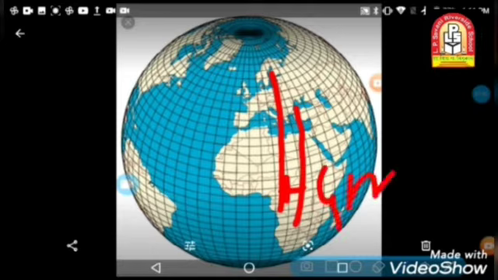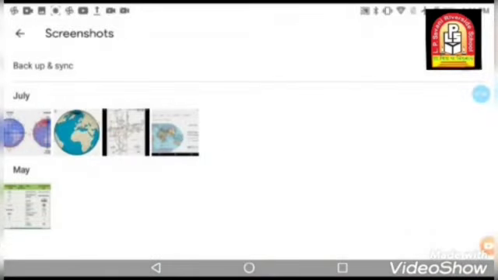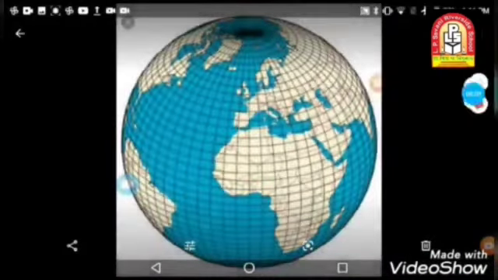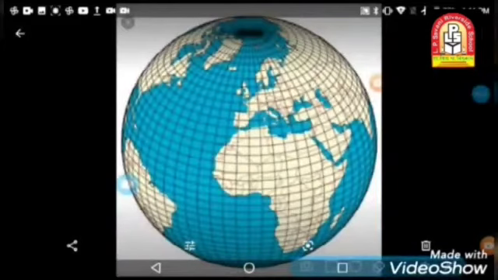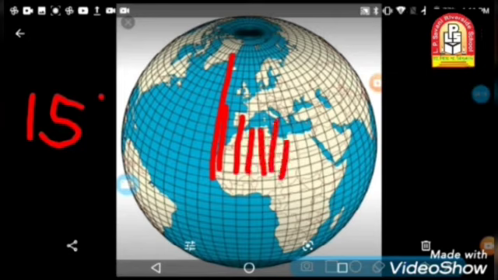So when our earth moves 15 degrees, when 15 lines move like this, it will take 1 hour to move 15 degrees, right?